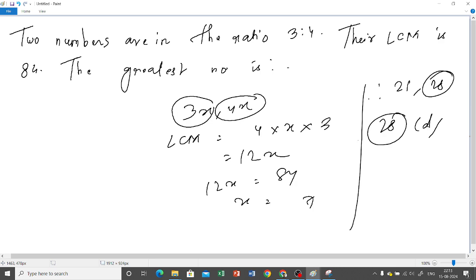Did you understand what happened? Sir, and if we take 7x? No, why 7x? You are adding the two numbers. 3x plus 4x is equal to 7x. So why did you add the two numbers?